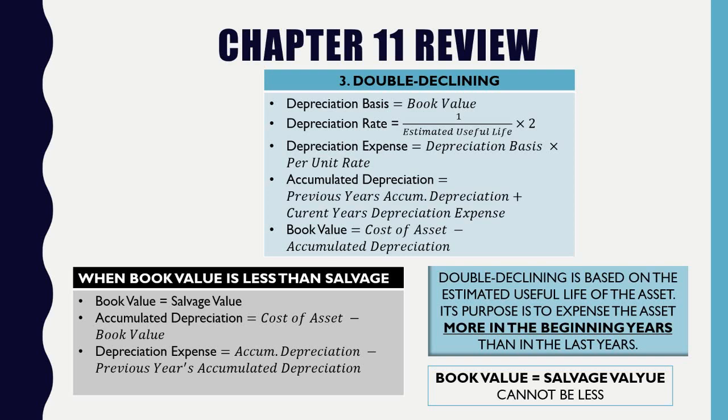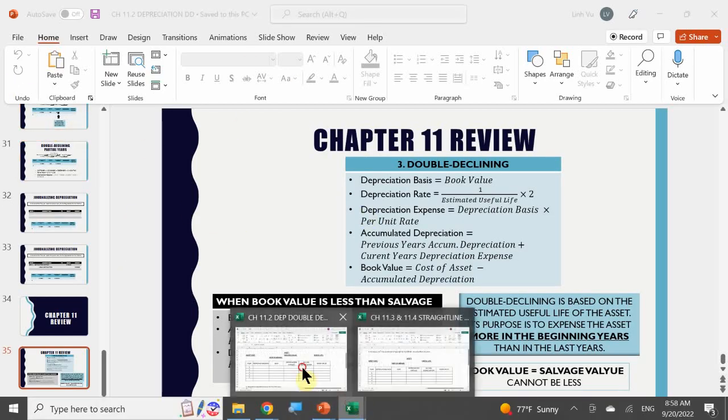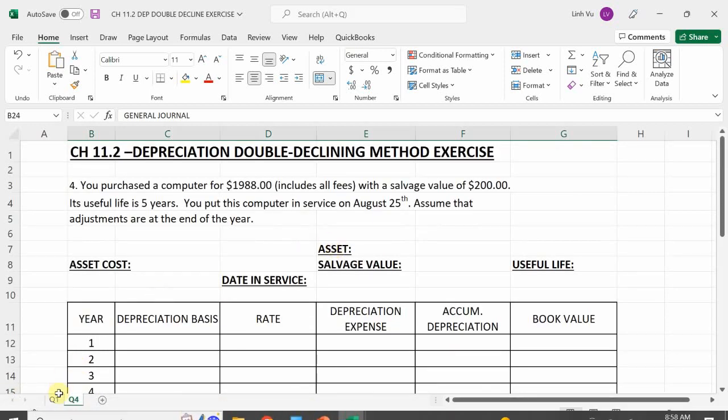You always have to keep an eye on whether your book value falls below salvage value; if it does, you have to fix it, so that at the end of its life your book value always equals salvage value. Make sure you have these formulas on hand, and let's dive into the very first exercise here.